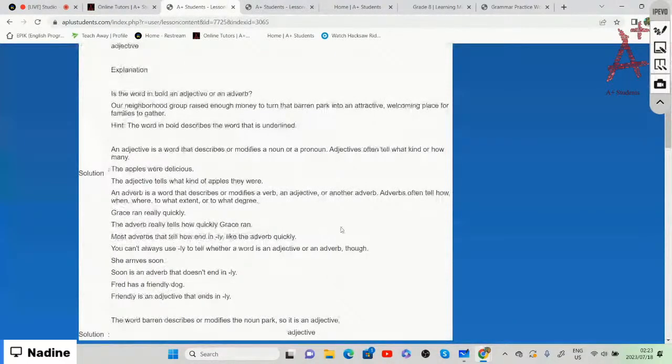An adjective often tells us what kind or how many, right? And an adverb is a word that describes or modifies a verb, an adjective, or another adverb, right? And adverbs often tell us how, when, where, to what extent, or to what degree.